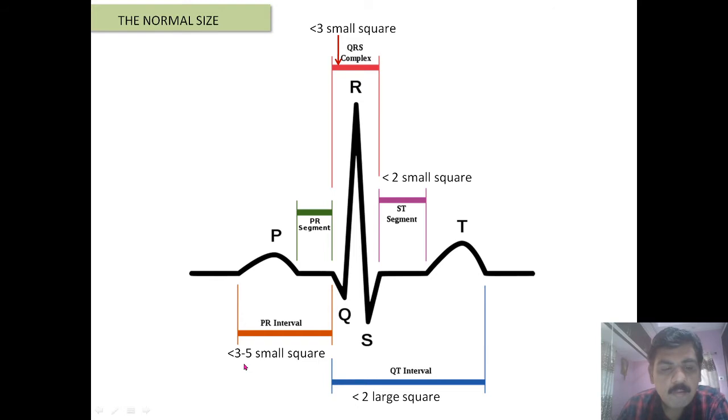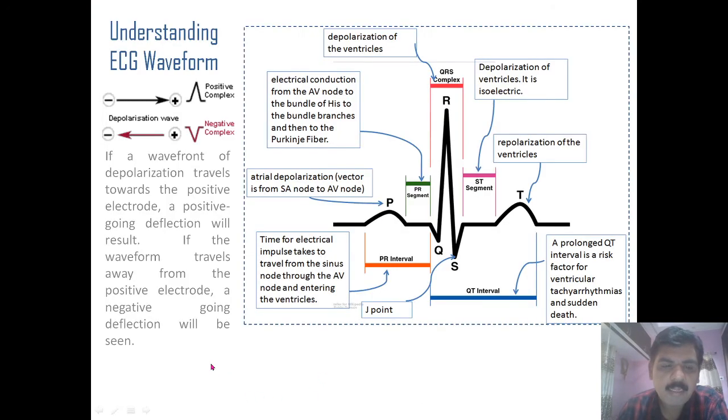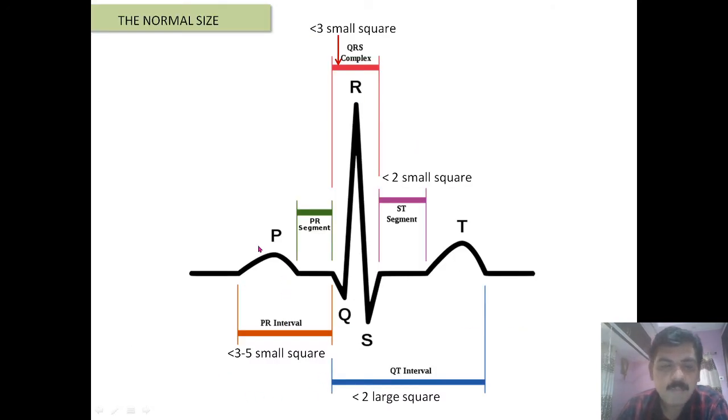This is a P wave, and in between this P and the QRS, this is a PR interval, this is a PR segment, and 3 to 5 small squares are there in the P wave. This is a QRS complex, and from this Q to this T, it is represented by 2 large squares. Here there are 2 small squares in between the ST segment.